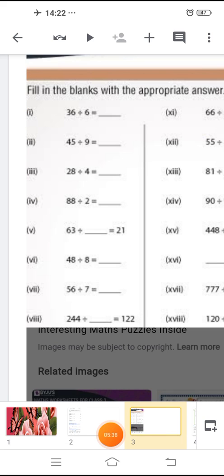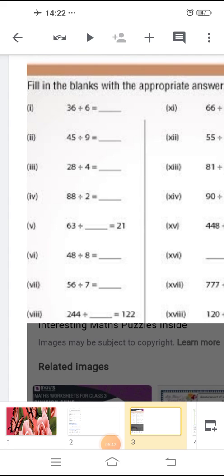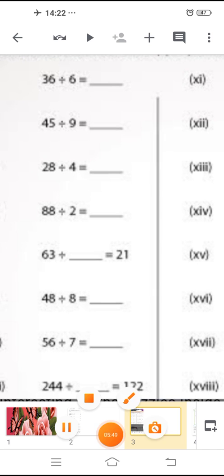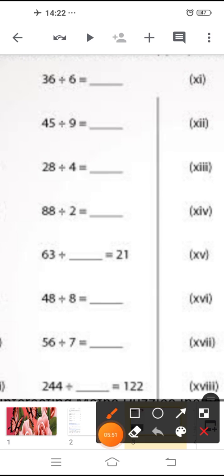So this is not a plus sign, this is your divide sign only. What can we divide 63 by to get 21? You can see 3 is a multiplication of this odd number.